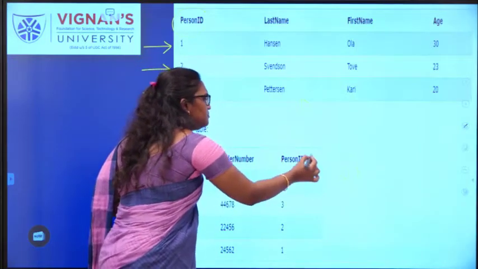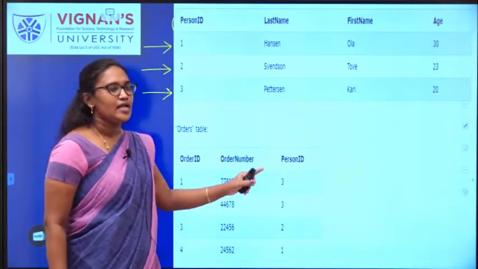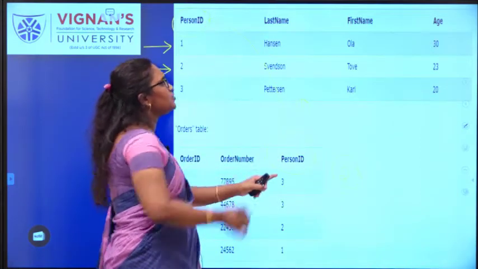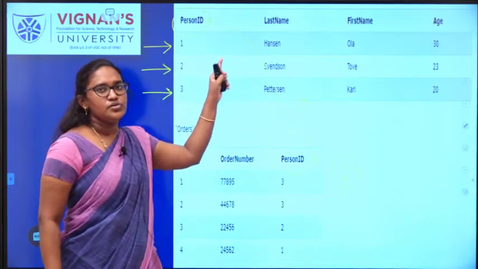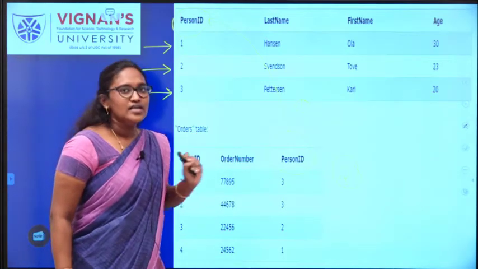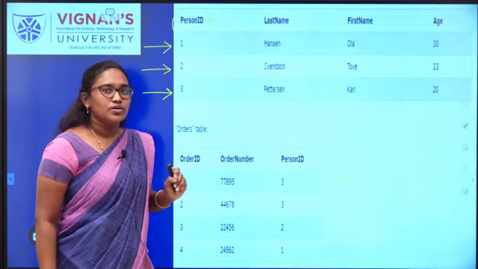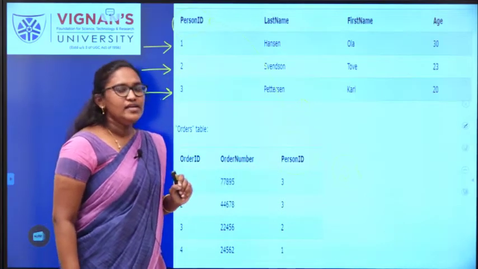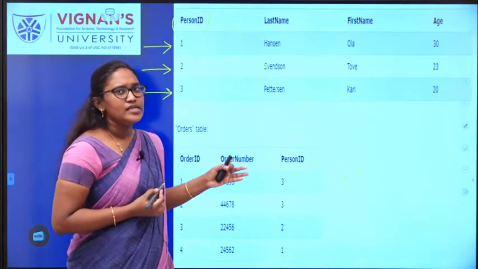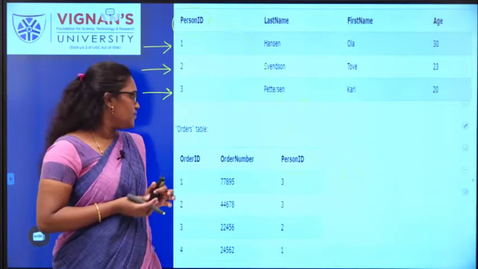Here you are taking person ID, right? That means you are referencing the primary key of the first table in the second table. So this person ID will be called a foreign key. So what is the need of using it like this?